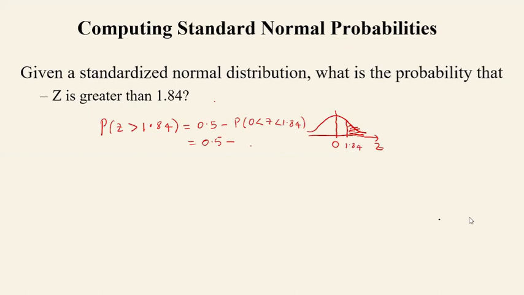Anyone, can you say from the table? 0.4671. Right, that is equal to 0.0329. That is 3.29%. Right?